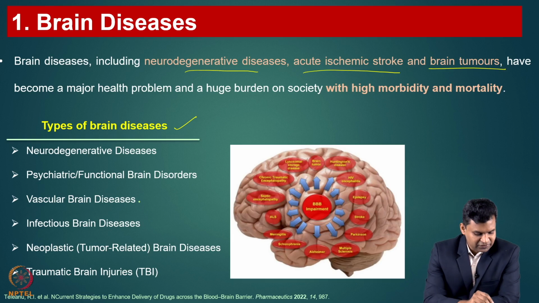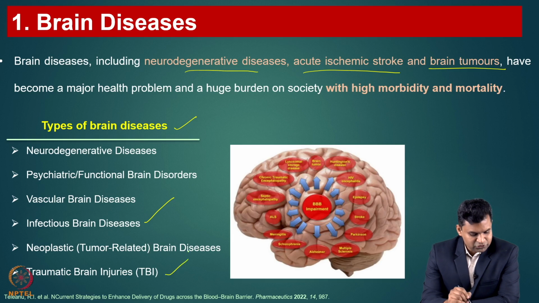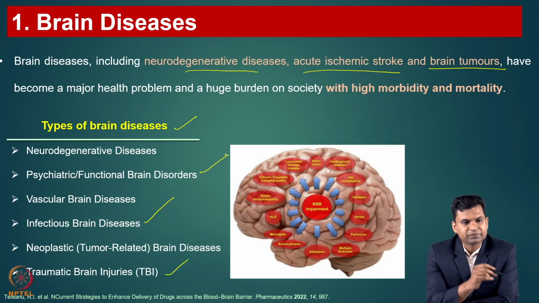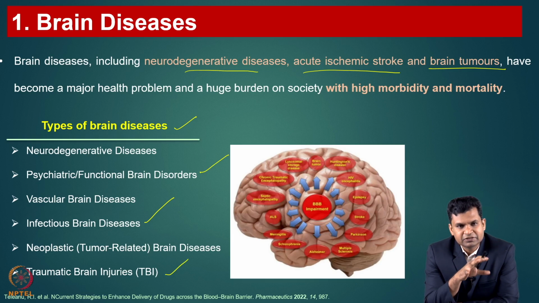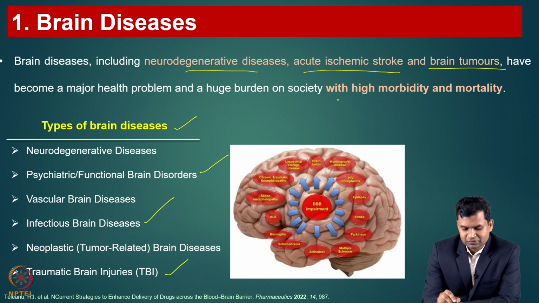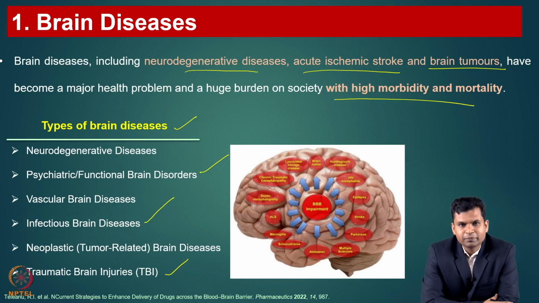There are infectious diseases, traumatic brain injuries, and even psychiatric and functional brain disorders. We know that with all these brain diseases there are a lot of health issues and also a burden on society, with high morbidity and mortality rates.